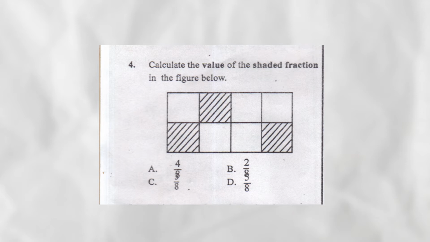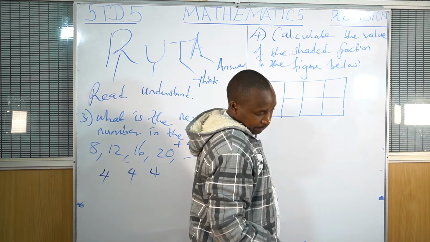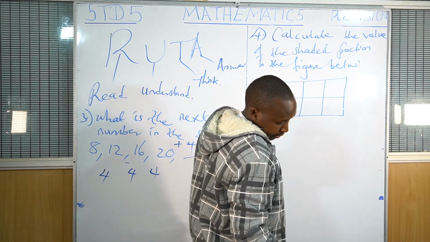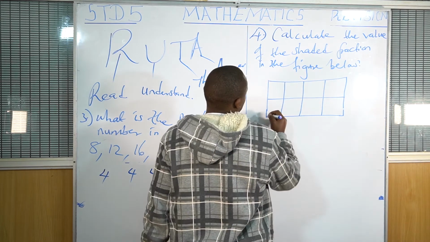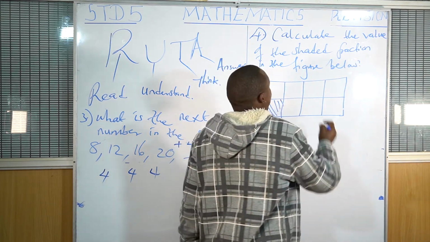Now, they have already drawn a rectangle. A rectangle has been drawn that has been divided in 4 equal halves. Later on, they have also shaded some squares inside.